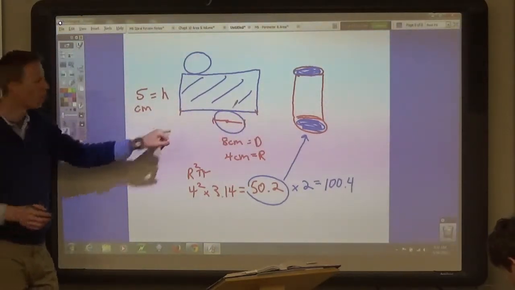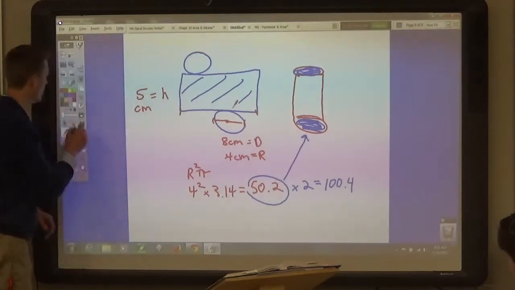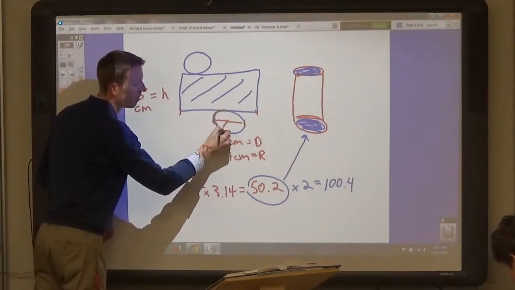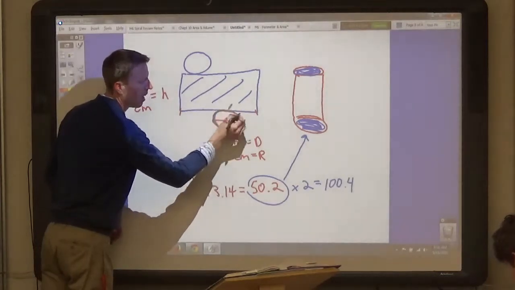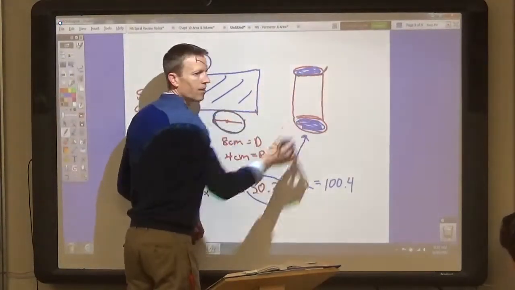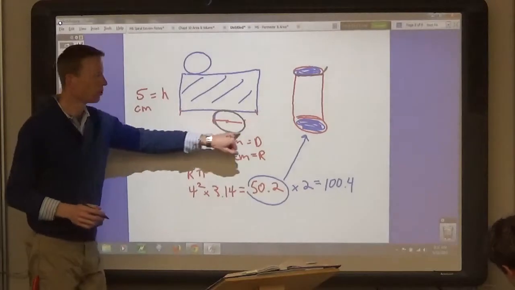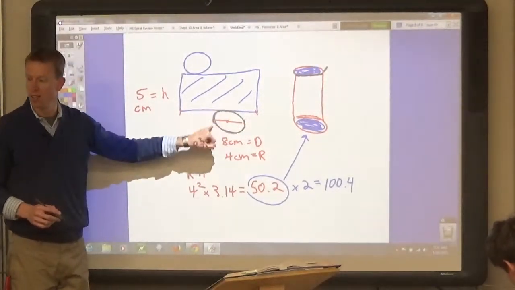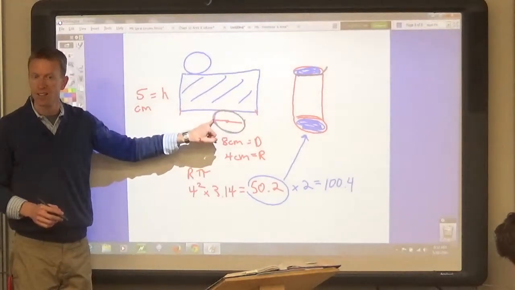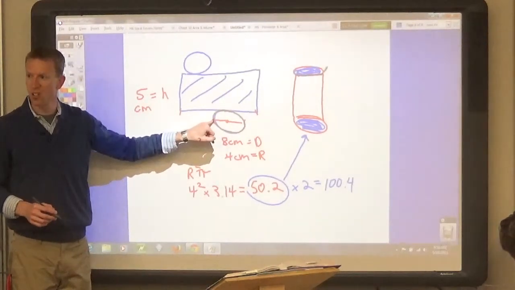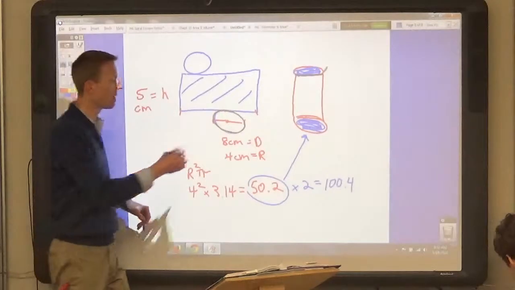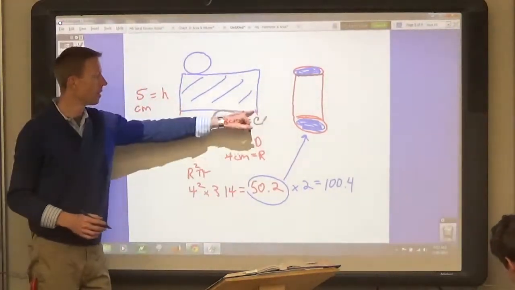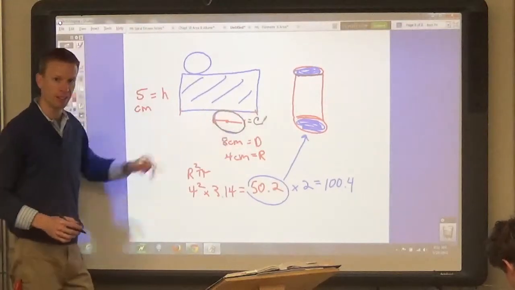The base will be equal to, as this rolls up on the can, the circumference of the circle. We have to find the circumference in order to get this line, the base.